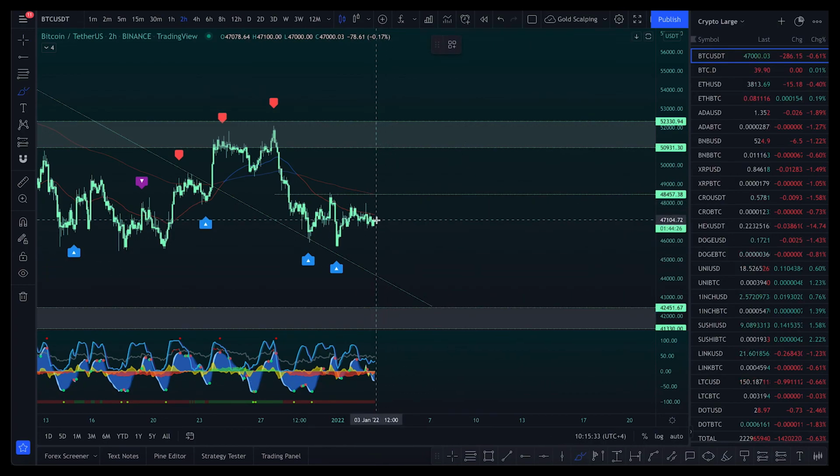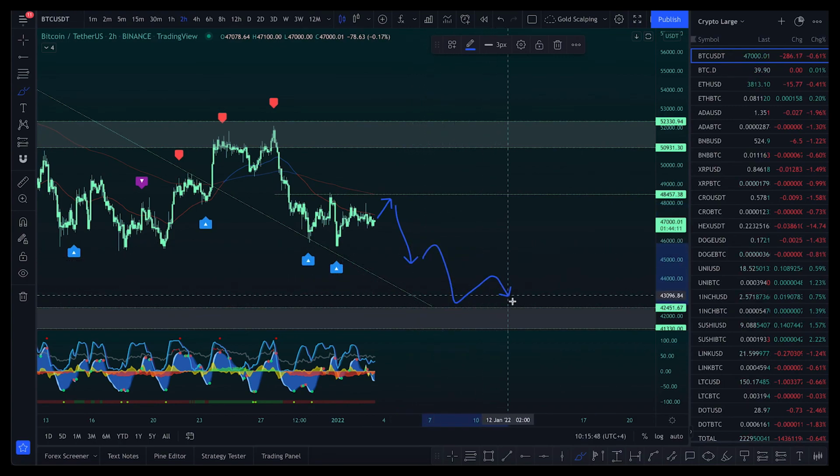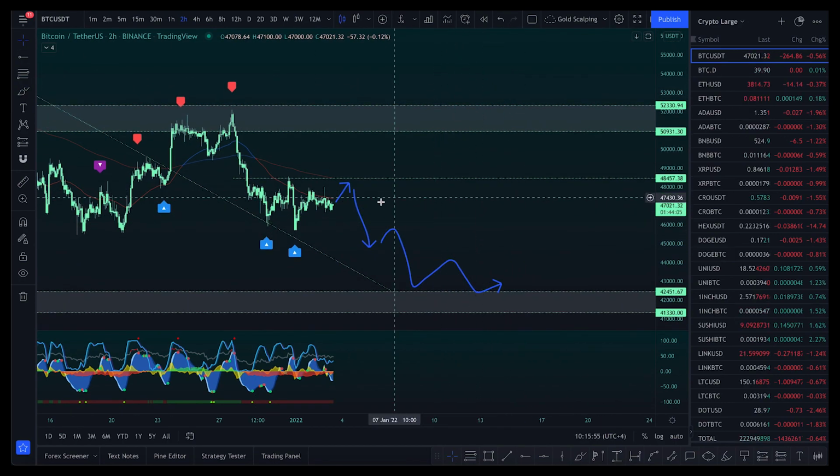Second scenario is we bounce a little bit lower than the previous high and go lower. If you see that happening, then yes, we're going to continue the downtrend to lower levels, right? So this is what you should have an eye on.